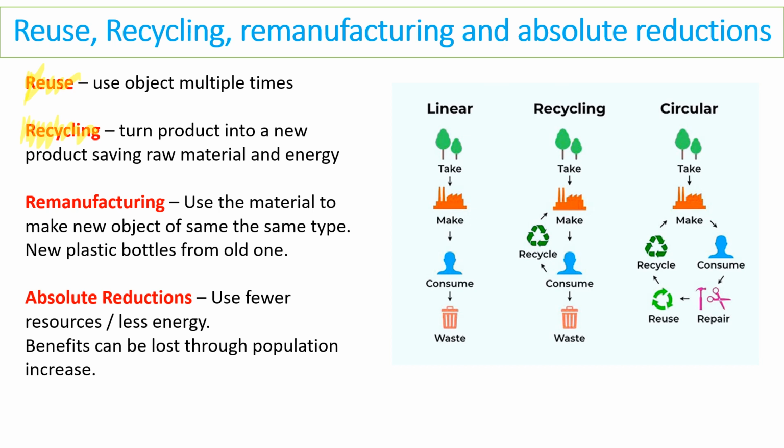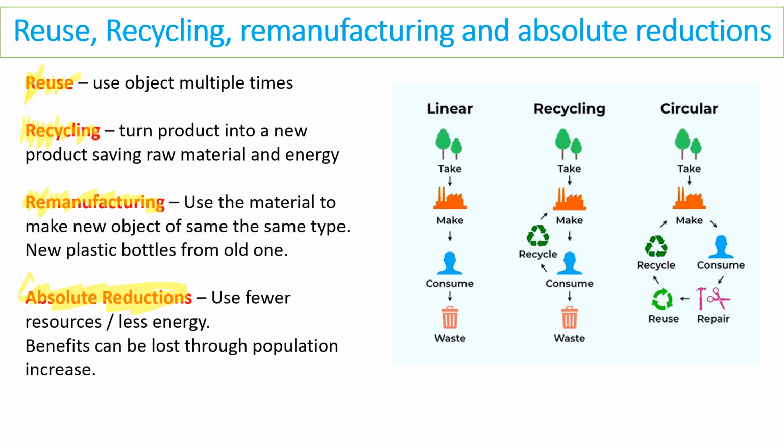Now, remanufacturing is when we use the material to make a new object of the same type. What we mean by that is we might make a new plastic bottle from an old plastic bottle. An absolute reduction is when we use fewer resources and less energy.